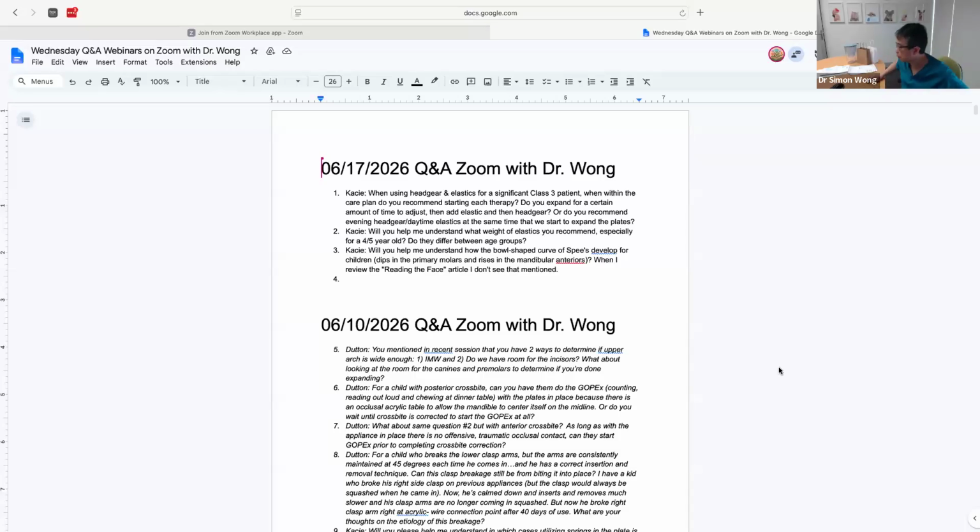So this is a general question, but each case is different depending on whether it's a high angle or a low angle case, and depending on whether we're starting in primary dentition or mixed dentition.